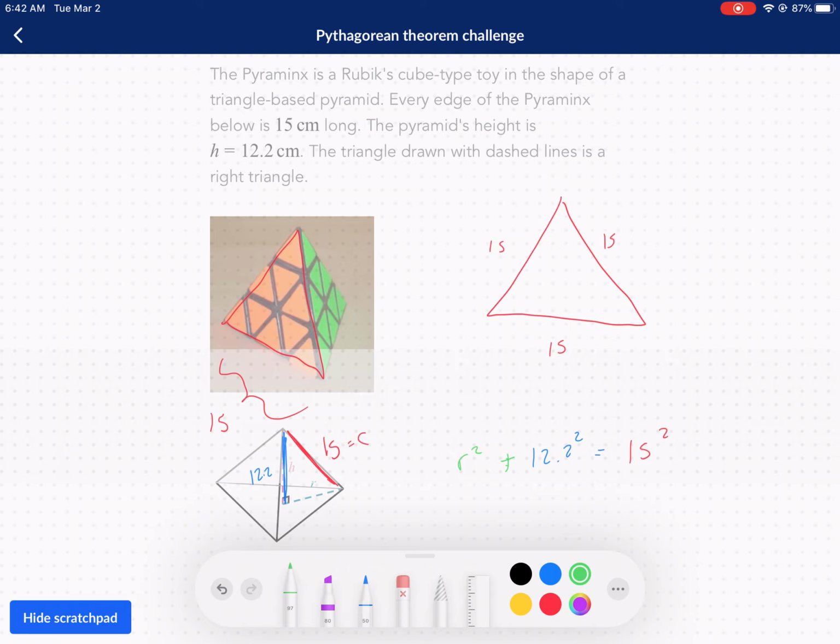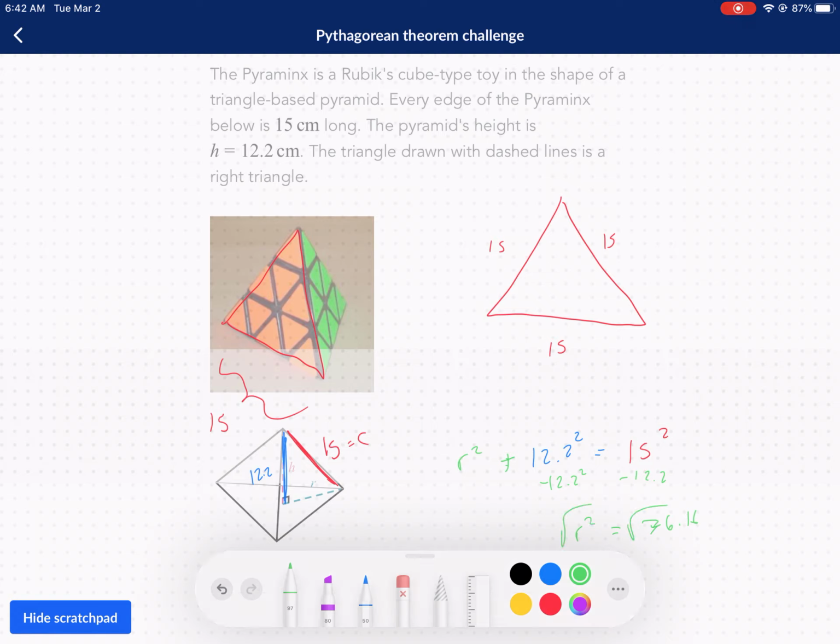So we're going to do 15 squared is 225. Okay, we're going to subtract 12.2 squared. And we get 76. So what I did is I subtracted 12.2 squared from both sides. And I get 76.16, and that's equal to R squared.